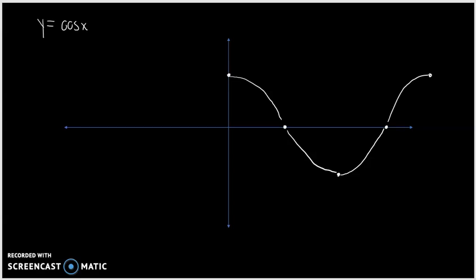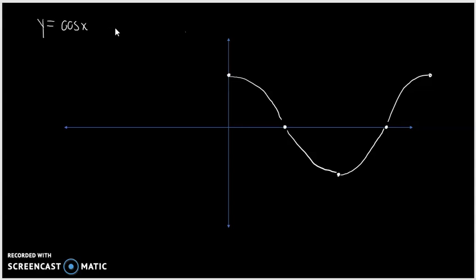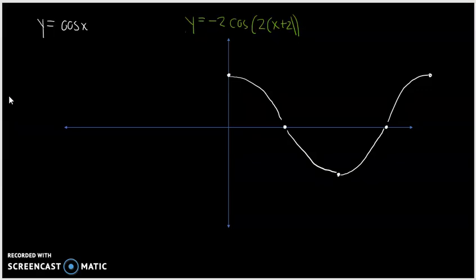The final function, in green, is going to be y equals -2 times cosine of 2 times x plus 2. The next thing to do is focus on the period, one step at a time, and we'll do that in pink. The period we said was pi. This is 2 pi, so the period being pi means everything is cut in half.